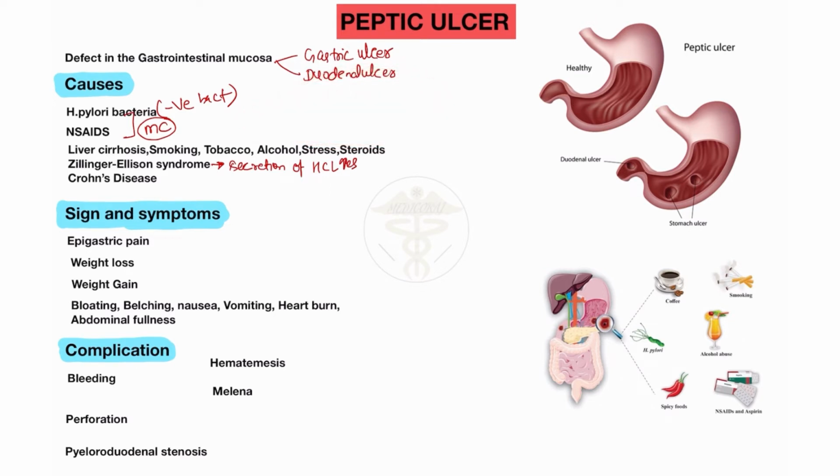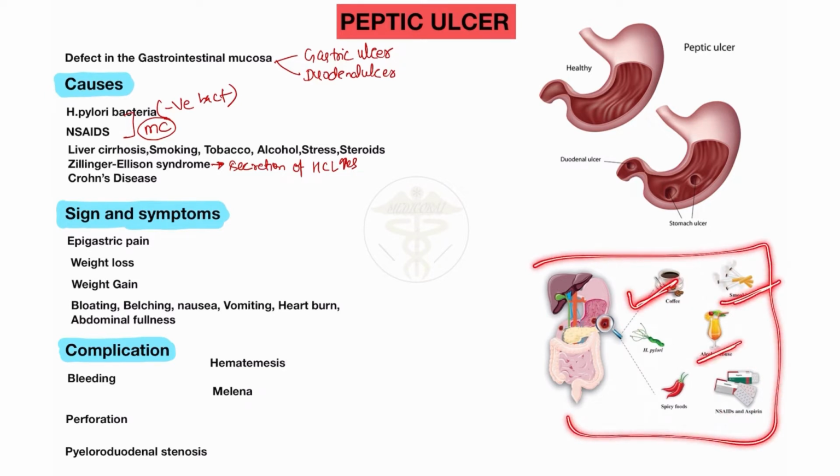So the main causes of the peptic ulcer are Helicobacter pylori and NSAIDs. Others, like coffee consumption, smoking, alcohol, and spicy food, also cause the peptic ulcer.